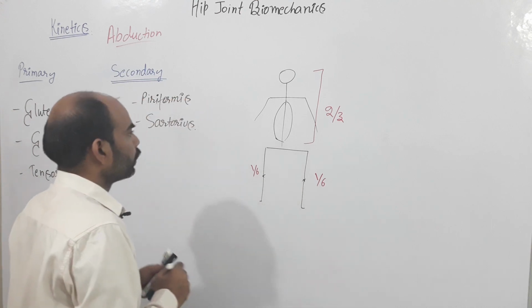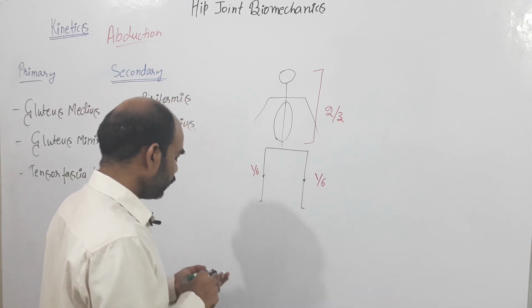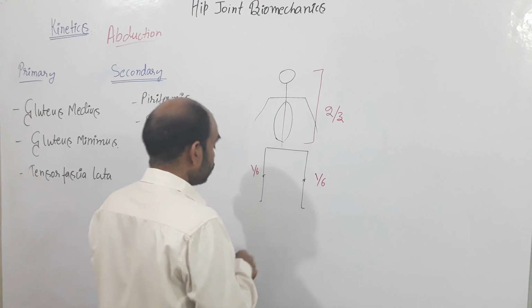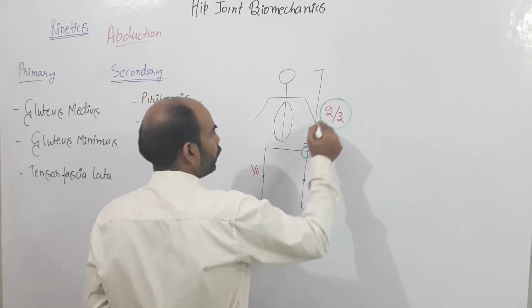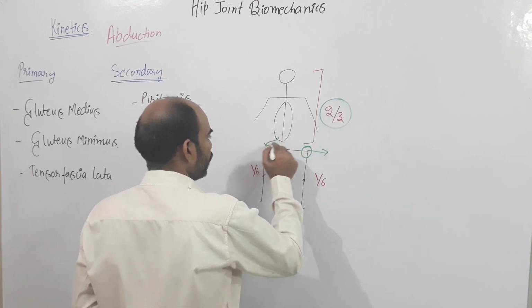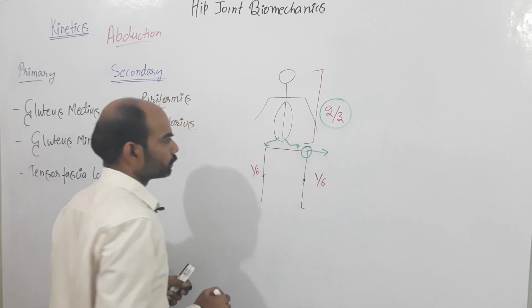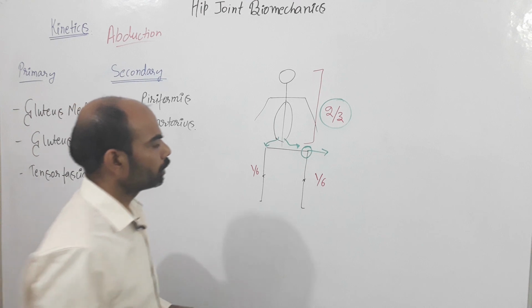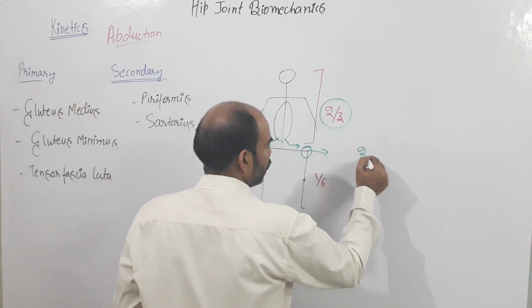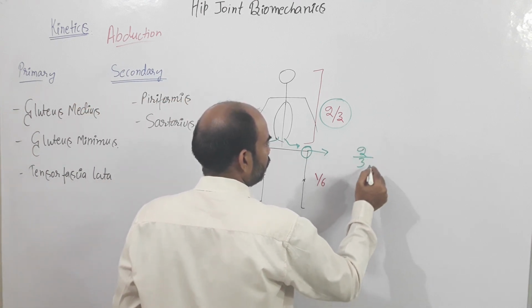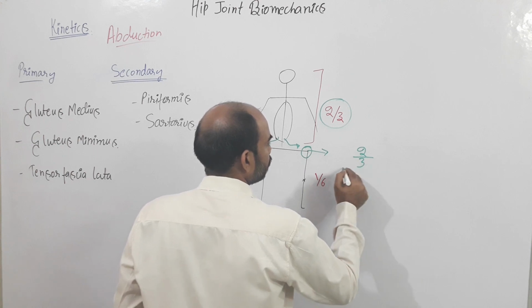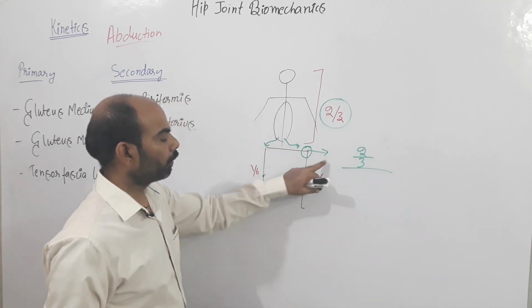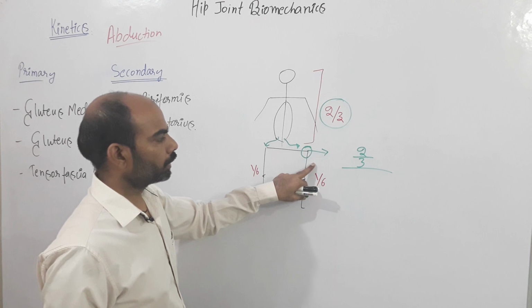So the weight on one hip joint: the 2/3 weight is divided between the right side and the left side.